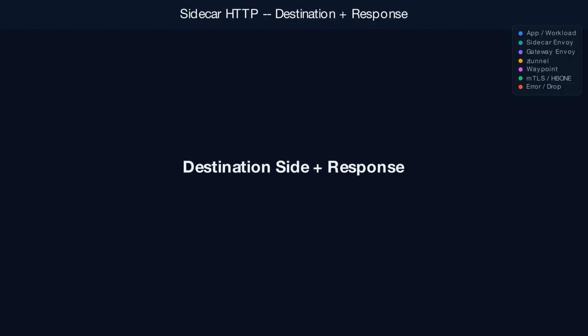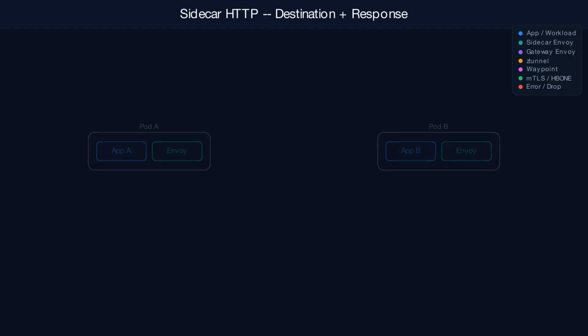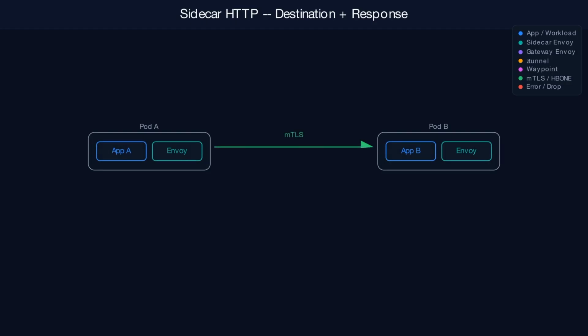The source sidecar picks a specific destination endpoint and initiates the upstream connection, typically with mutual TLS if mesh policy requires it. That means the connection is encrypted and both sides verify each other's identity through certificates managed by Istio.